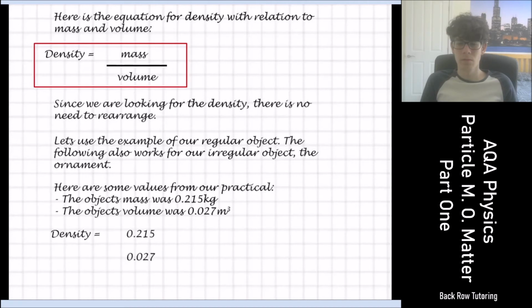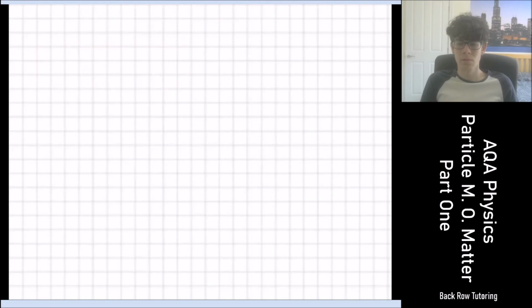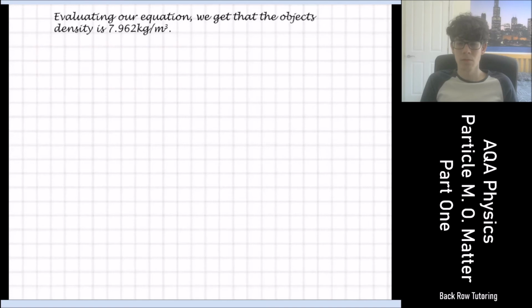Plug those numbers into our formula and we'll get that the density is 0.215 over 0.027. Evaluating our equation, we get that the object's density is 7.962 kilograms per metre cubed, and that is how you calculate the density of objects.